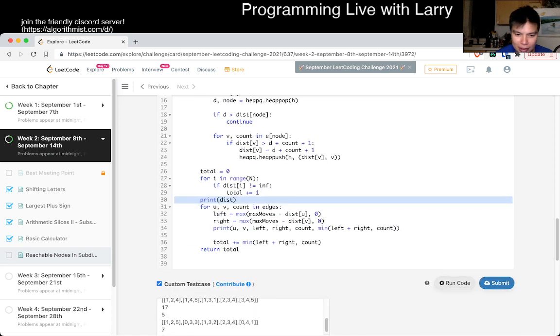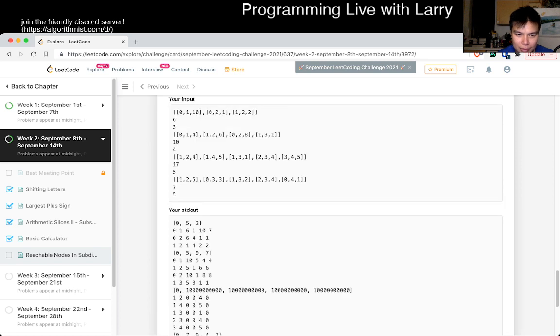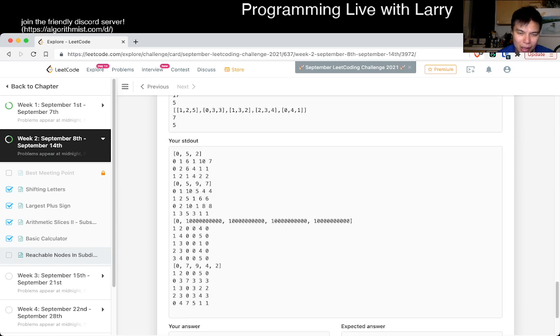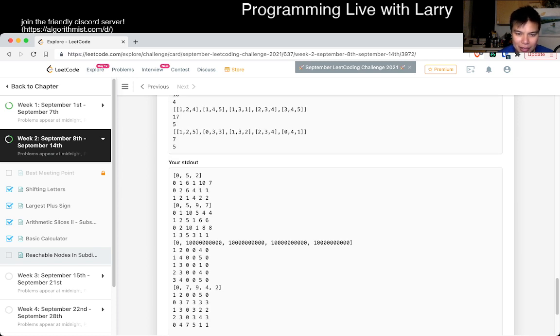Okay, let's print out the distance. So then now we have 0, 7, 9, 4, 2. Is that right? Probably. I mean, that is dice draw. It should be okay, right? Because you have 0 to 3 is 4, okay. And then 0 to 4 is 2, also good. And then now 3 to 1.